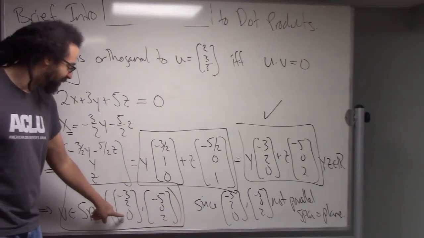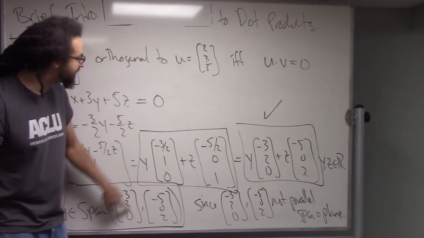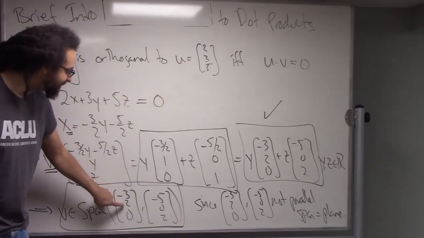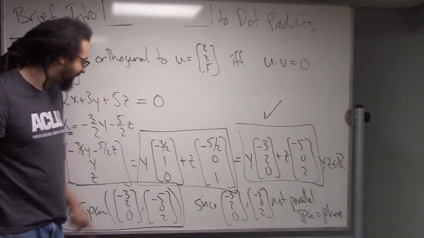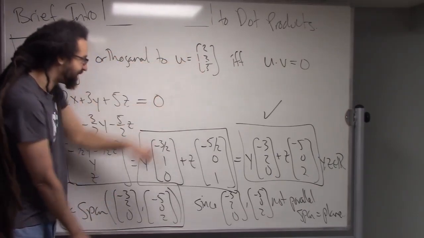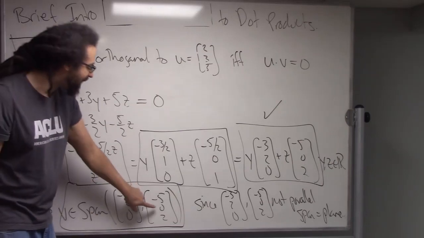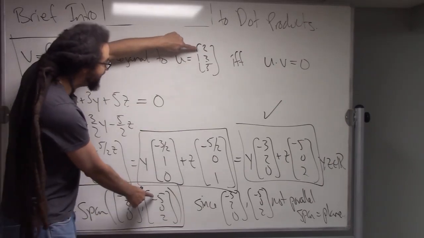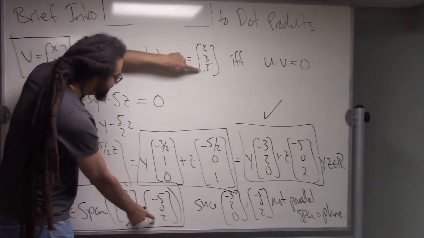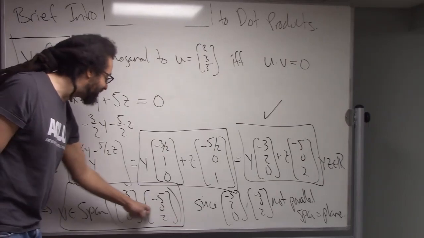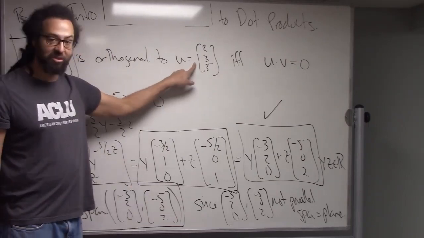So for example, this single thing is perpendicular to u because if you dot -3, 2, 0 with 2, 3, 5, well you'll get -6 plus 6 plus 0, that's 0. And if you dot -5, 0, 2 with 2, 3, 5, then you get -10 plus 0 plus 10, so that's 0. So certainly these two vectors are orthogonal to u.